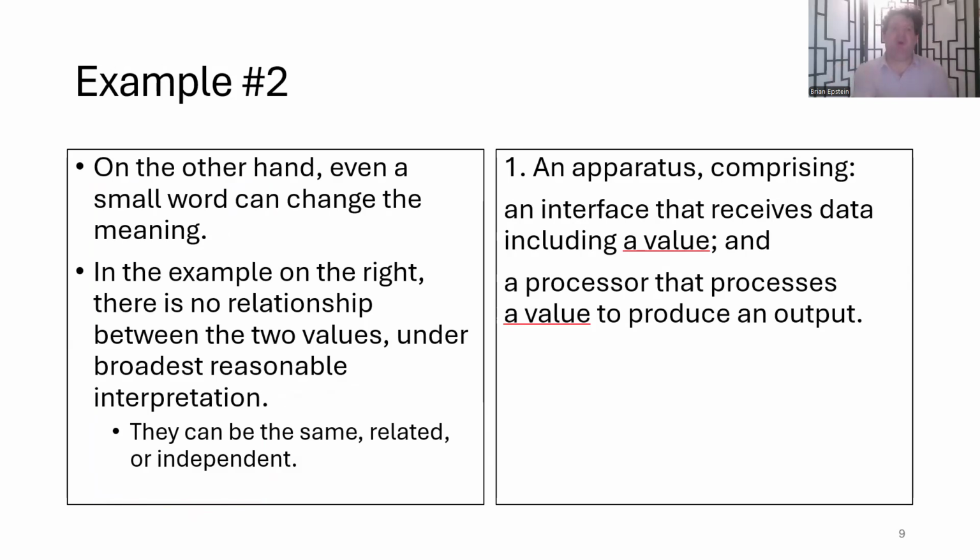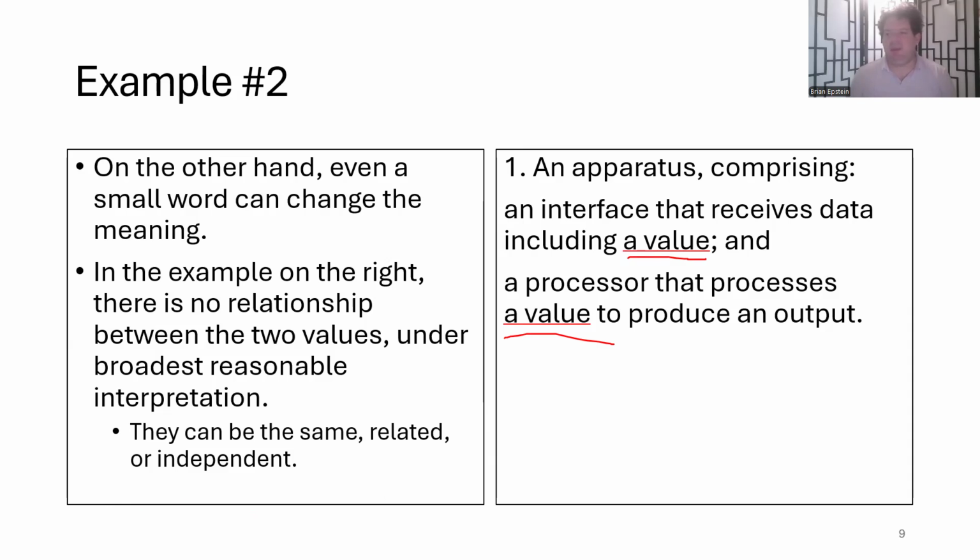Even a small word can change the meaning, can form a feature. In the example on the right, there is no relationship between the two values under broadest reasonable interpretation, right? So we've got a value here, we've got a value here. I have no idea, based on this claim, what this relationship is supposed to be.